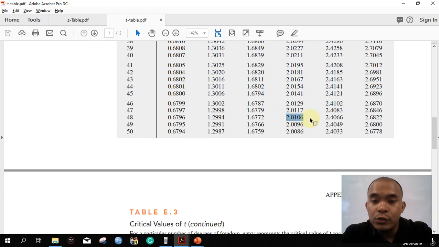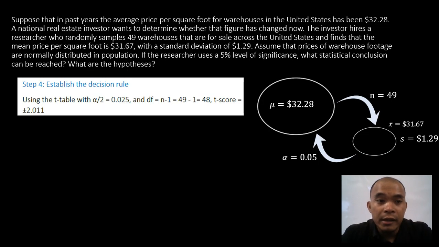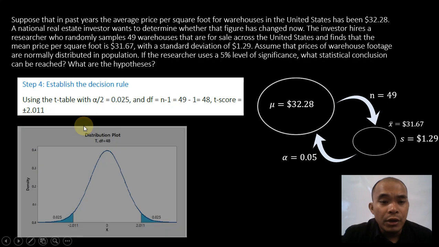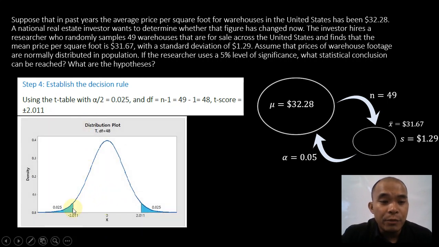Yeah, so this is 2.0106. Let's check. 2.0106. Let's round off to 2.011. Okay, or in the distribution plot, this is our distribution plot here, two-tailed, and then the t distribution with degrees of freedom of 48.